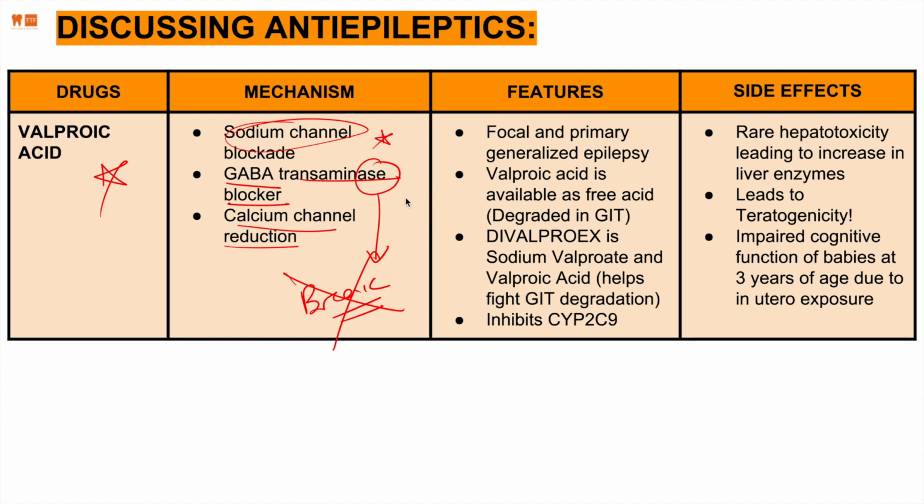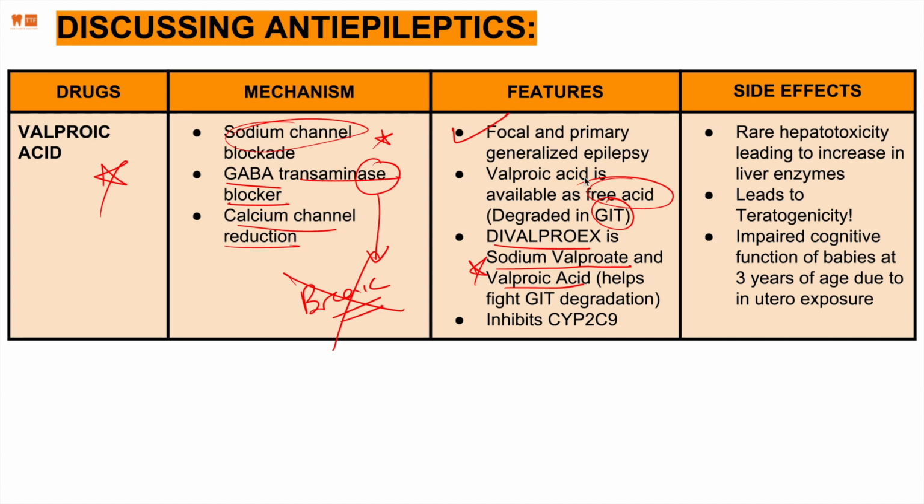Lots of important mechanisms and features. It treats focal and primary generalized epilepsy. Valproic acid is available as a free acid. Then it's degraded in the GI tract. And of course, this drug right here, which is divalproex, is sodium valproate and valproic acid both.